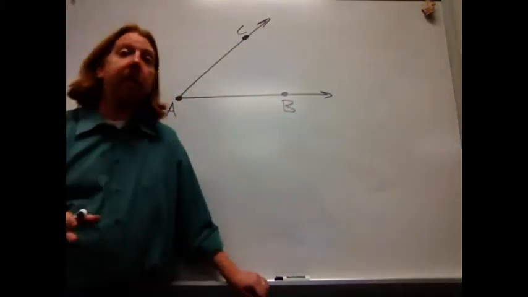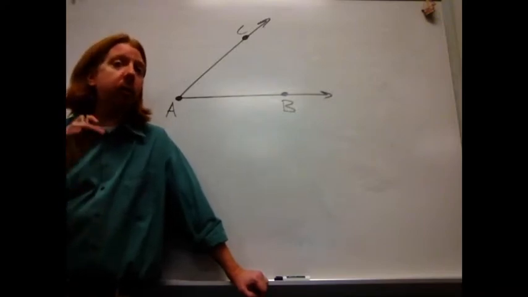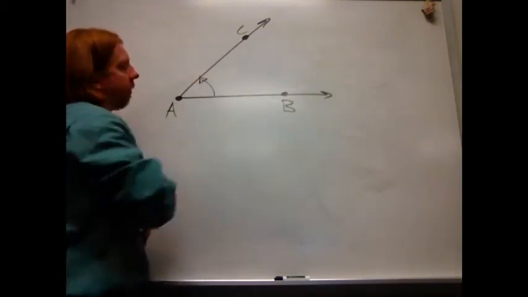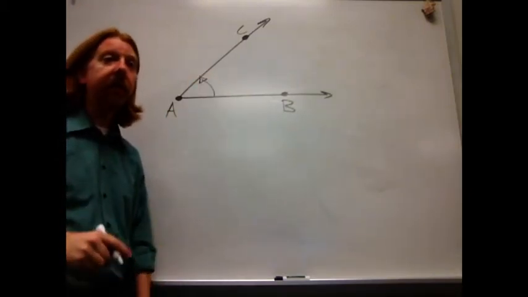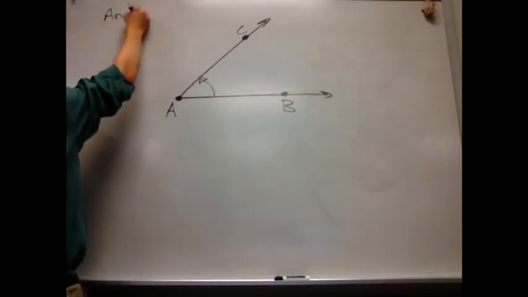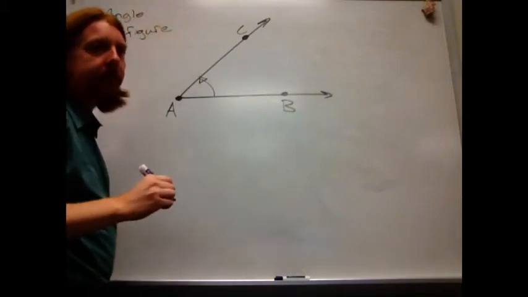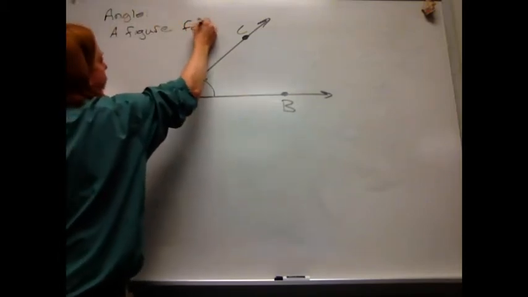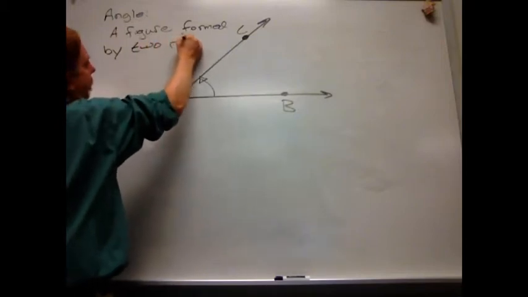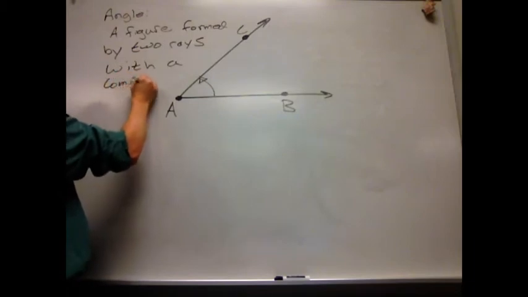All angles that we talk about in mathematics, physics, chemistry, all related fields, start with the idea of being two rays. And then this represents that angle that we've defined. Now by definition, an angle is a figure formed by two rays with a common endpoint.